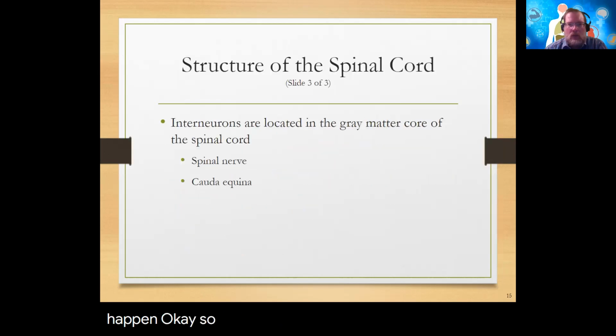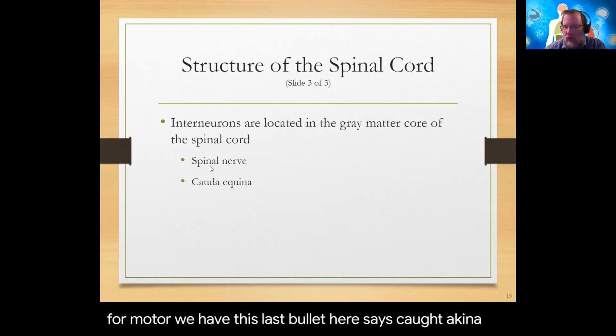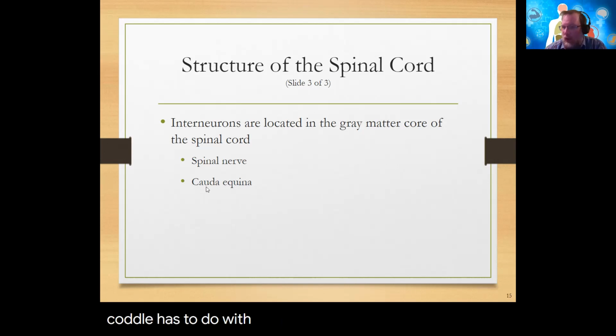So spinal nerves all come in and have these dorsal roots for sensory and ventral roots for motor. We have this last bullet here. It says cauda equina. Cauda has to do with a tail, and equina, of course, has to do with equine, like horses.